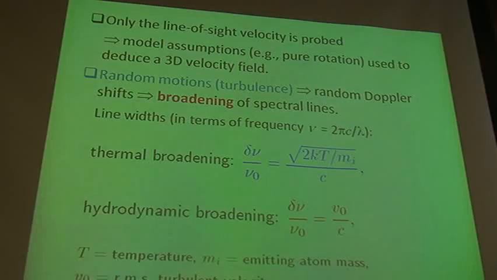This is a very neat, very precise, and very universal method to measure velocities. The limitations are the following. First, only one component of the velocity, the line of sight component, is measured.